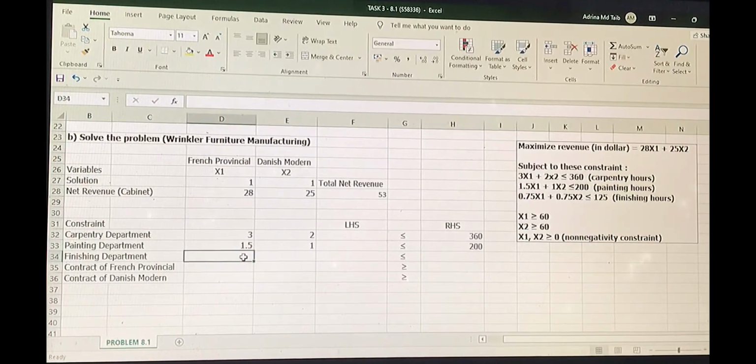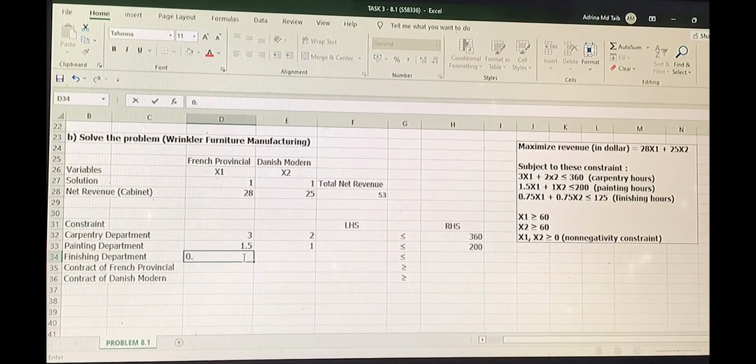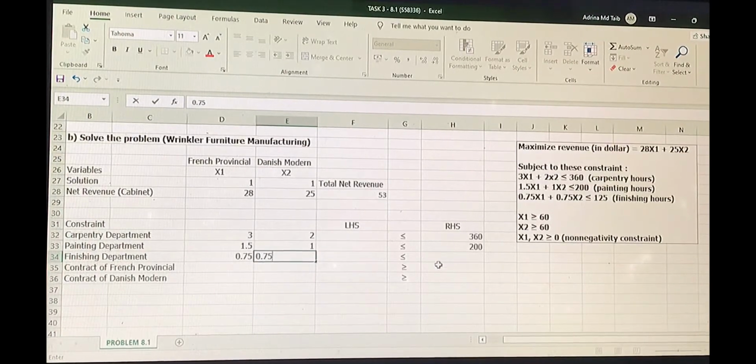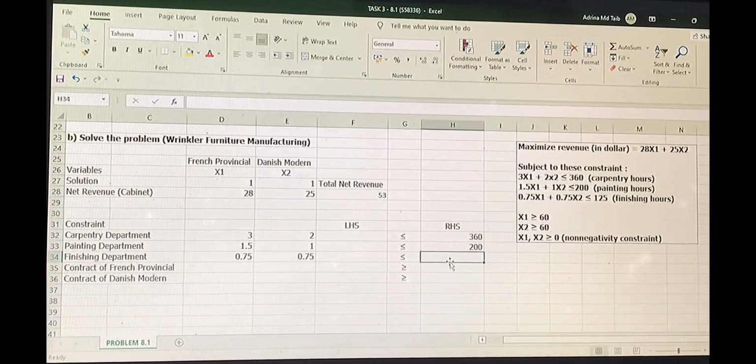The third constraint shows 0.75 for x1 and 0.75 for x2, and this constraint is less than or equal to 125. So we put 125 at the right hand side.